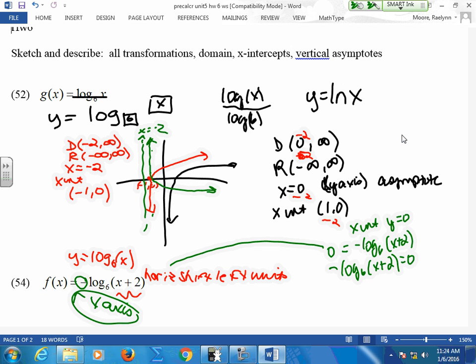So convert this to an exponential equation. Log equals exponent. What's the base of my log? 6. What's my exponent? 0. Don't forget, maybe let's put a -1 out here for now. Equals what?